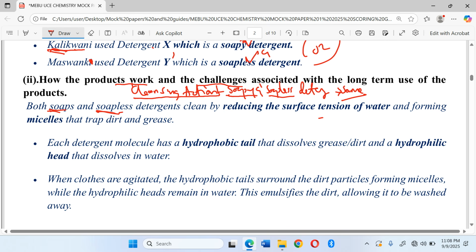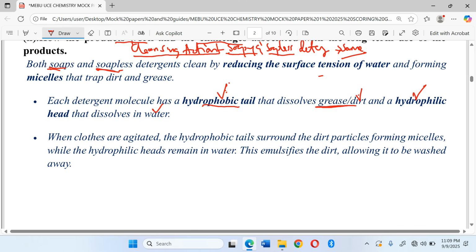Each detergent molecule has a hydrophobic tail that dissolves in grease or dirt. These are key points that I'm scoring. The hydrophobic tail dissolves in grease or dirt, and the hydrophilic head dissolves in water.